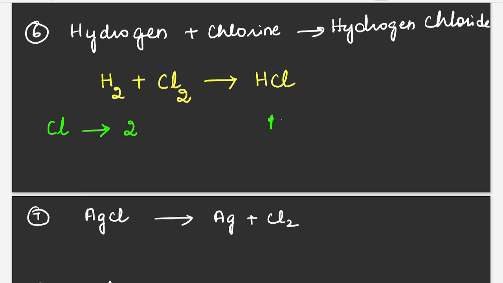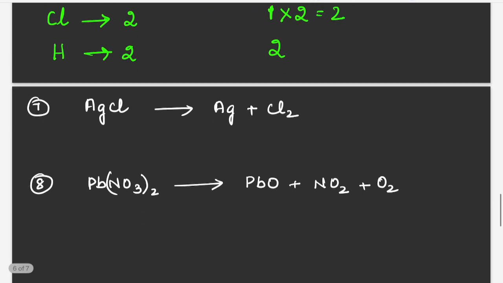So I have to balance this. Multiply with 2, so here I'll be writing 2. Now check hydrogen: on this side you can see 2 hydrogen atoms, here also 2 hydrogen. Therefore it is balanced, 2 and 2 on both sides. Therefore this equation is also balanced.